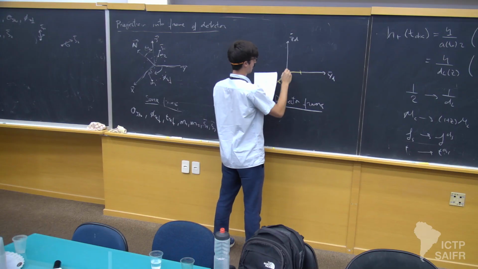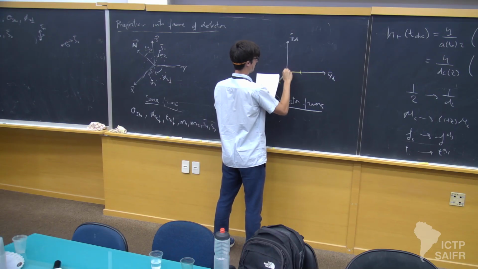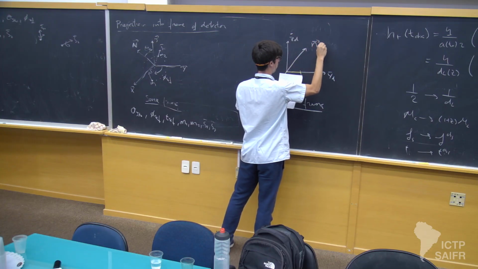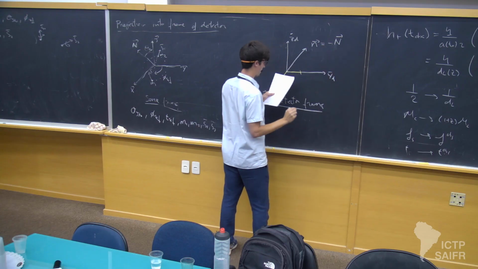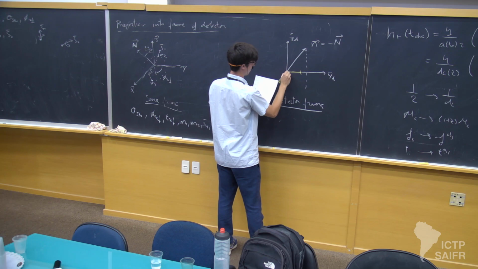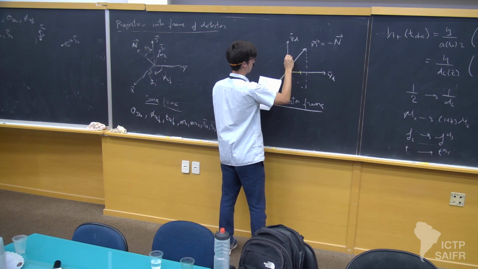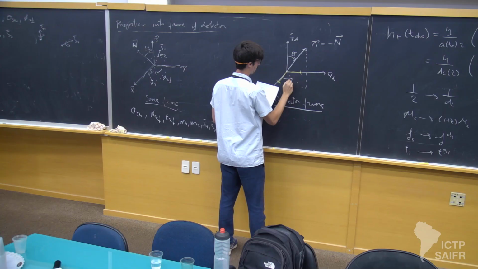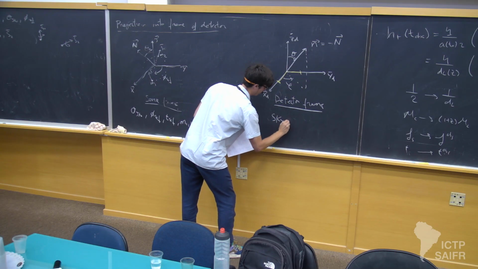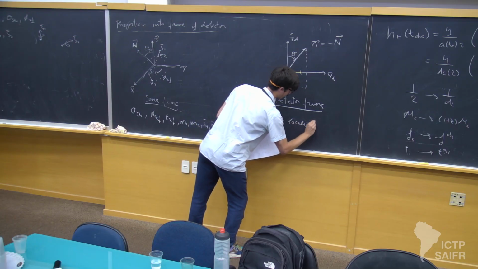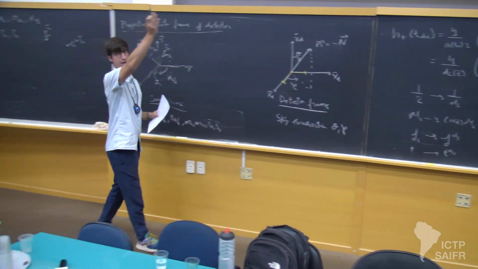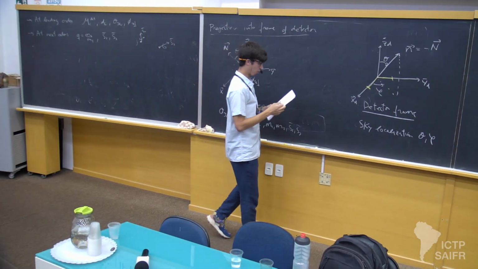In this plane, our signal is going to come from some line of sight, small n, which is just minus big N. This position in the sky is defined by two angles that define the sky localization, theta and phi, that tell you from which part of the sky the wave is coming.